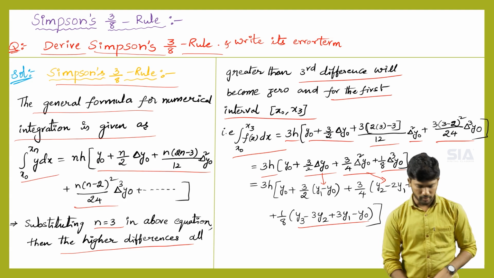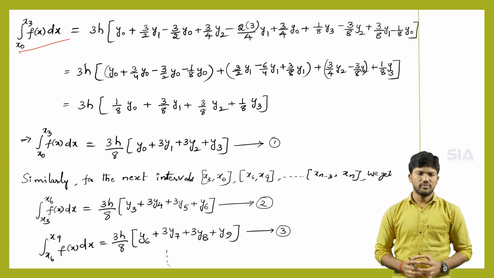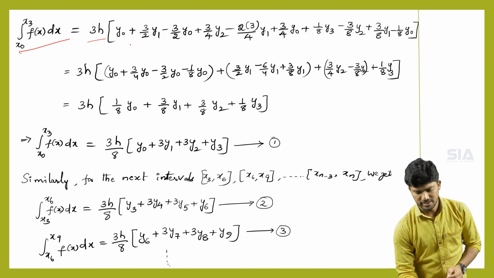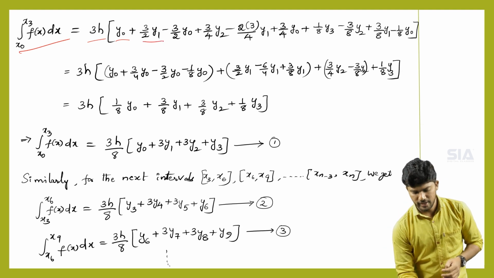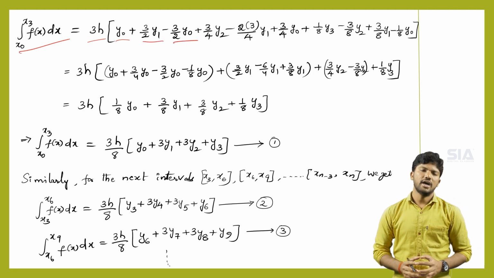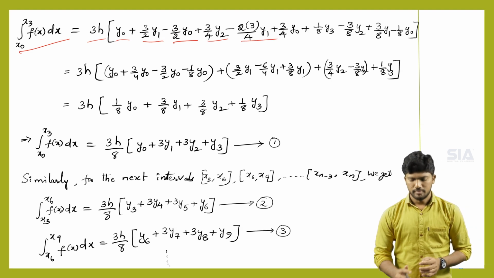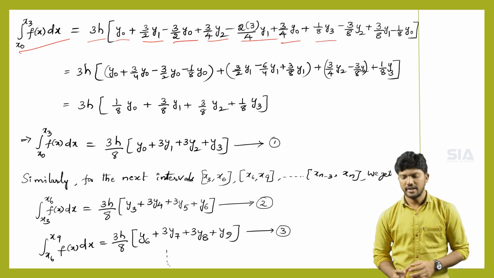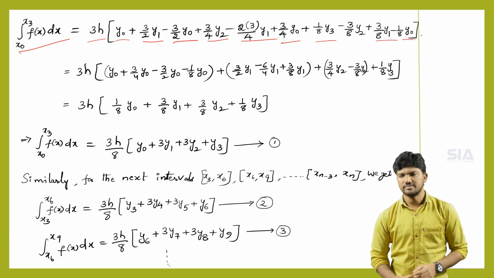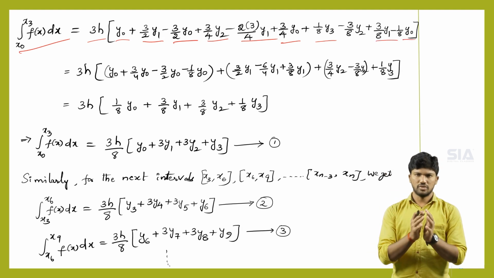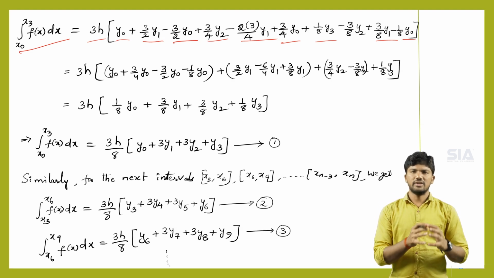So integration over x0 to x3 of f of x dx is equal to 3h [y0 plus 3 by 2 (y1 minus y0) plus 3 by 4 (y2 minus 2 y1 plus y0) plus 1 by 8 (y3 minus 3 y2 plus 3 y1 minus y0)]. We are multiplying the delta values with the constant values.